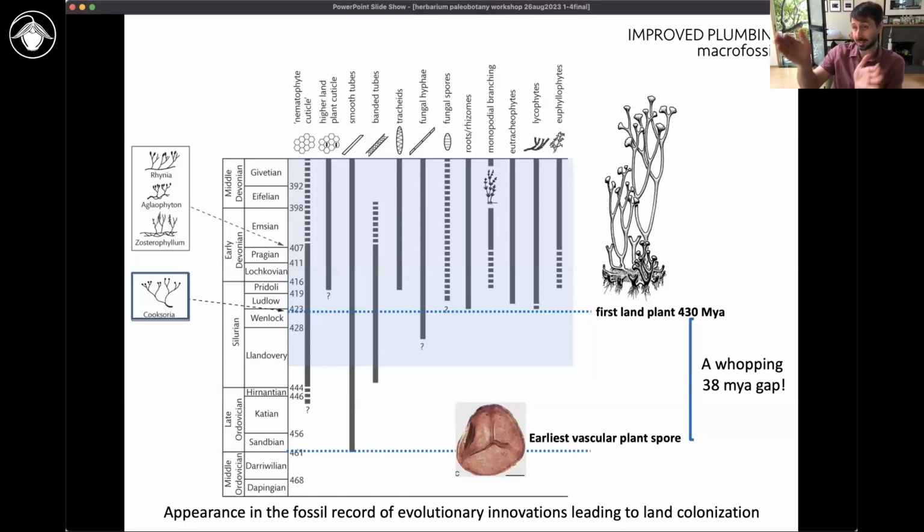So if you imagine that time span of going back, the dinosaurs died out about 65 million years ago. So if you imagine much of the age of mammals it took for plants to get past this trait up to the diversity of a Cooksonia, it really gives you an idea of how difficult of an environment this must have been to live in, and how hard it was to actually get these traits to develop.